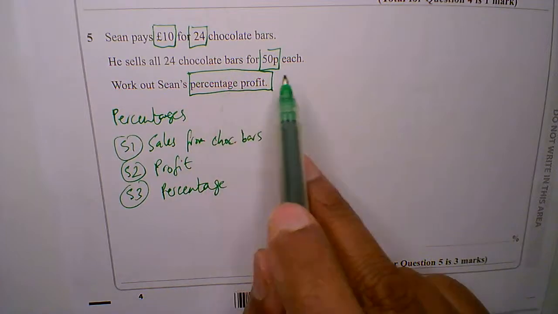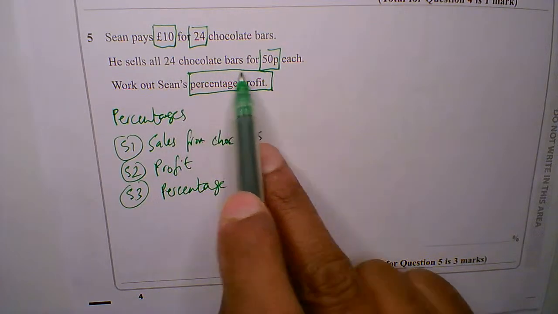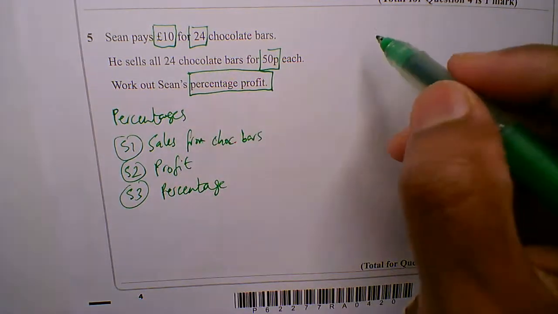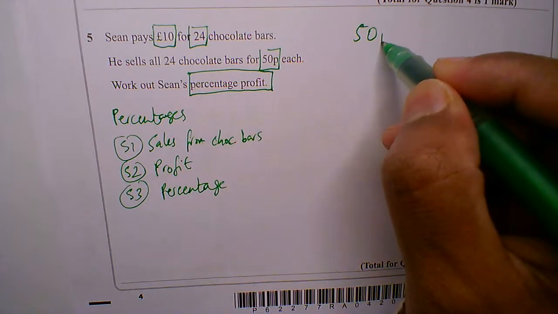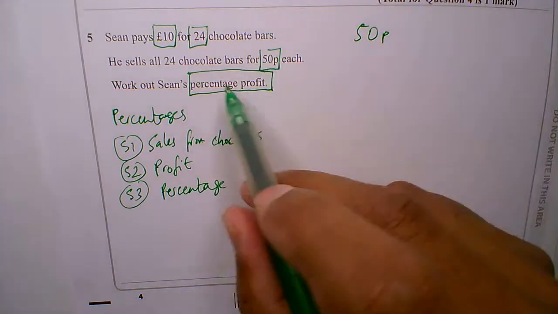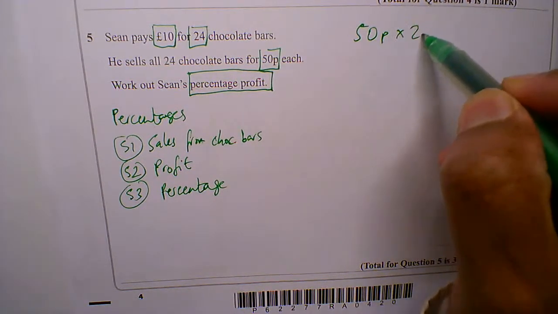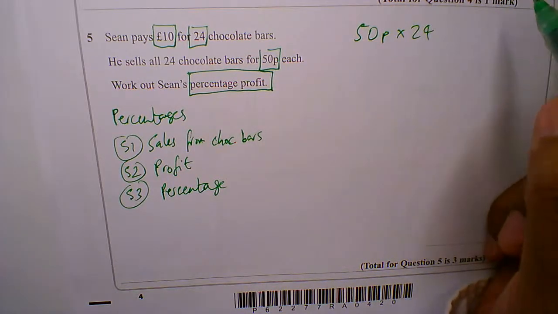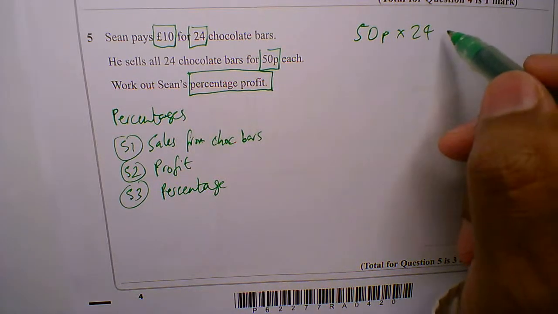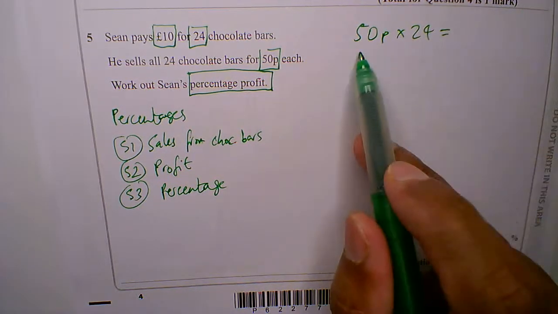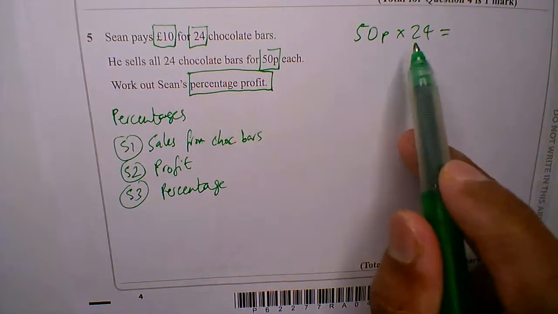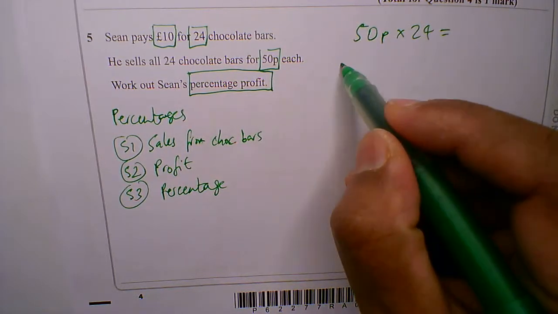So sales, so I've got 50p and £10. So I need to make them the same. So 50p times by 24. Now, what I'm going to do, I'm going to use 100.